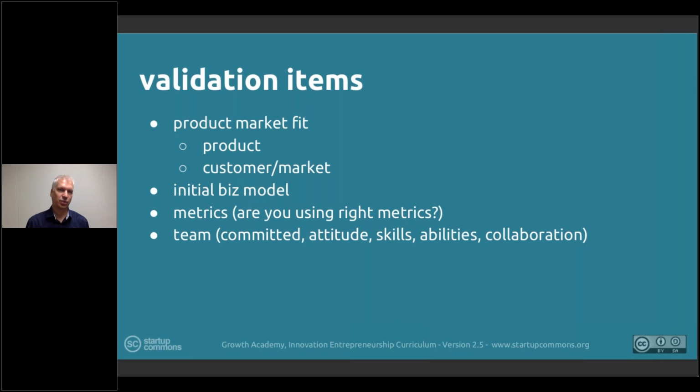Then the items to focus on validating is of course the product, and specifically the product market fit, which means finding the product or service that fits with the specific customer or a market of a group of those customers. So that's the key essence and initial business model.